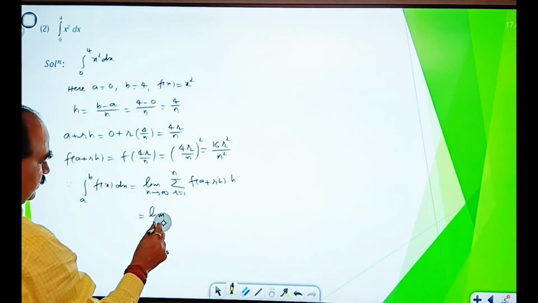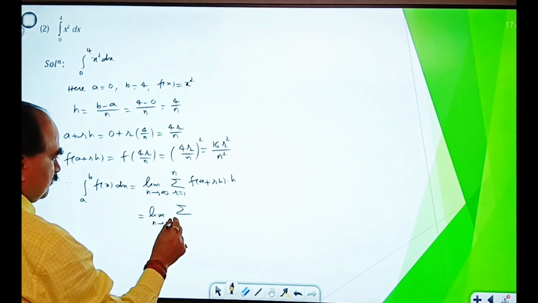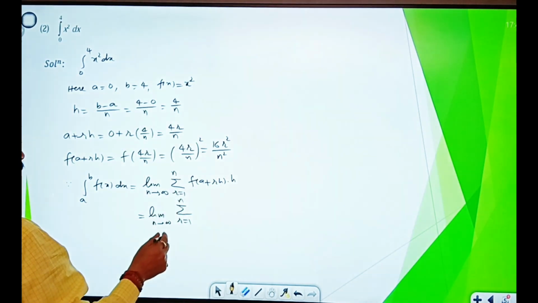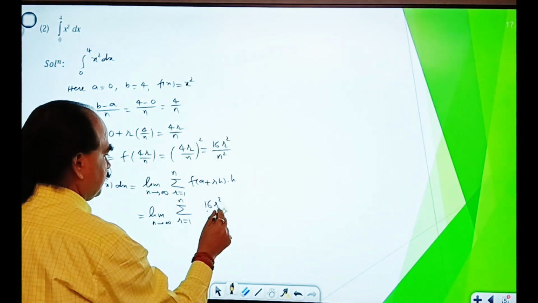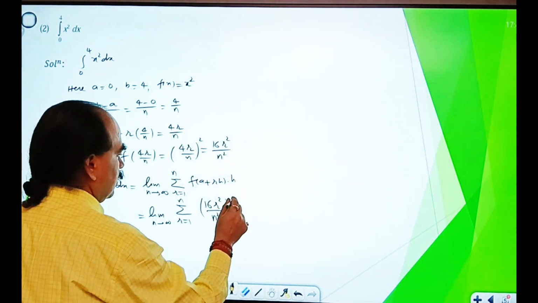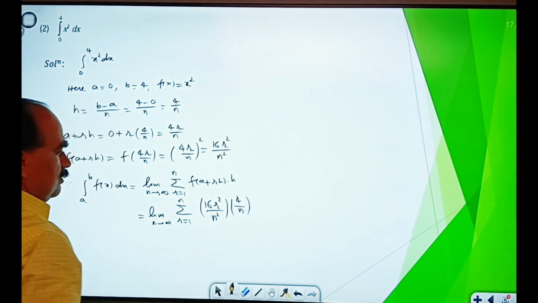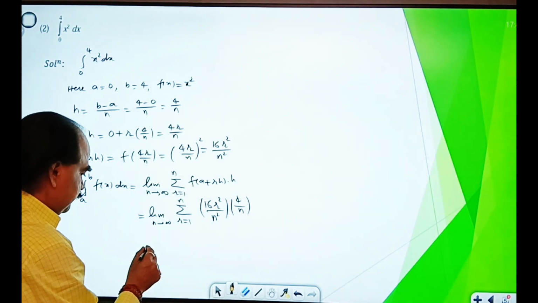Limit n tends to infinity, sigma r from 1 to n, 16 r square by n square into 4 by n. So 64 by n square will come outside.